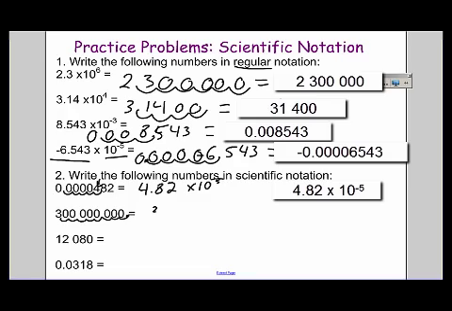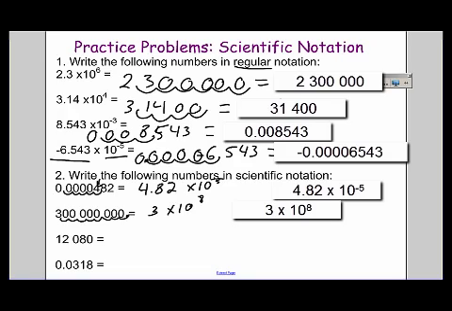Our new number is 3 times 10 to the 8th. Now I think, is it going to be positive or negative? Our initial value is very large, so our exponent is going to stay positive. Remember, a large value means it's going to have a positive exponent.